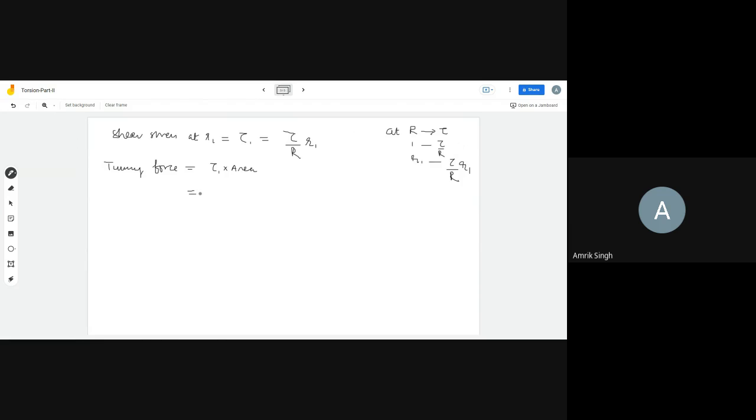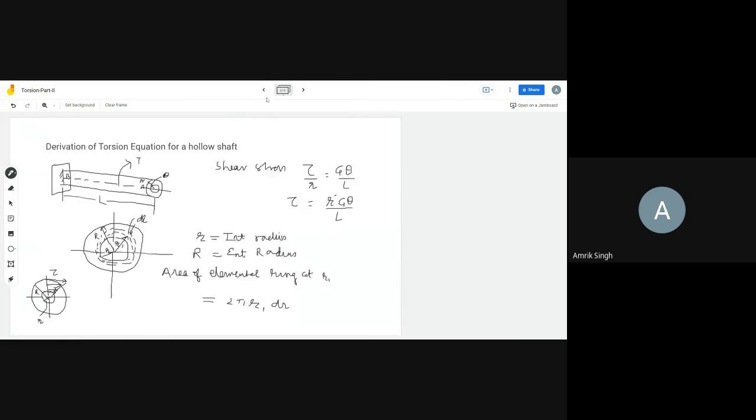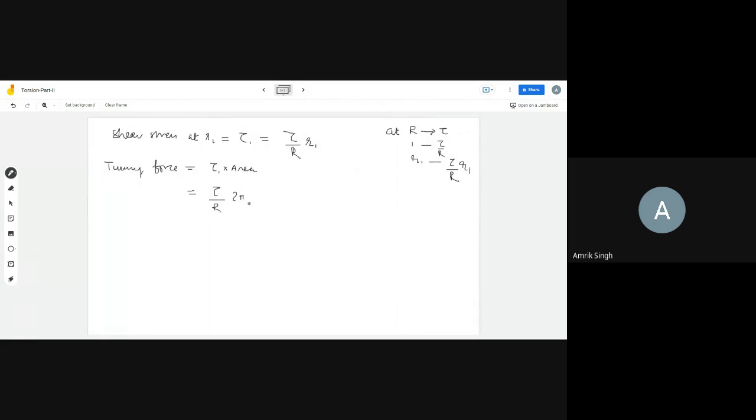The shear stress we have taken as tau upon R into r1, and the area was 2 pi r1 dr. Putting the values here, it comes equal to tau upon R into 2 pi r1 square into dr.